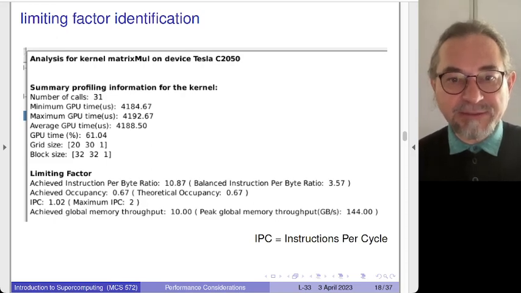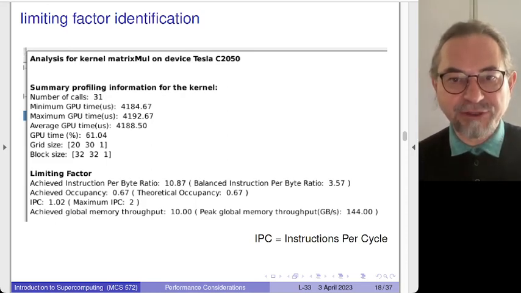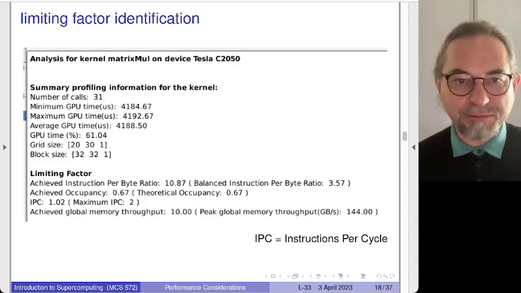Here is the summary. I would like to indicate we had the instruction per byte ratio. What we defined in the course was the compute per global memory access. Here it states that the limiting factor is actually the instruction per byte ratio. For this type of kernel that is 10, so we do 10 instructions per byte.